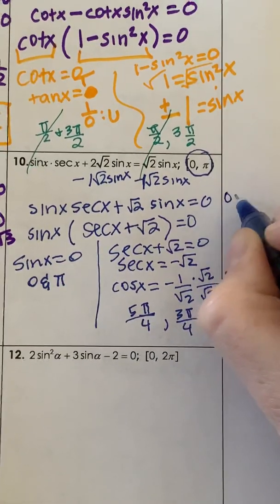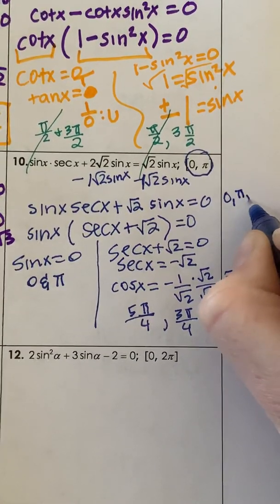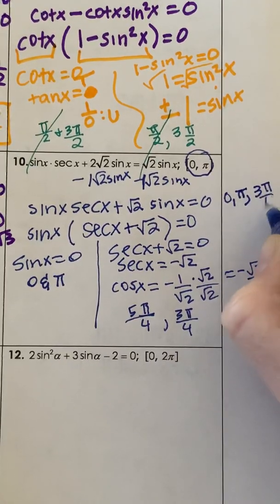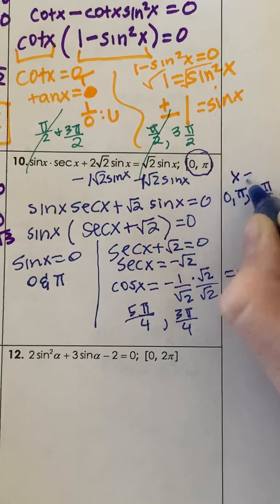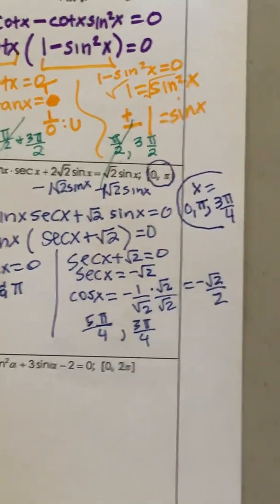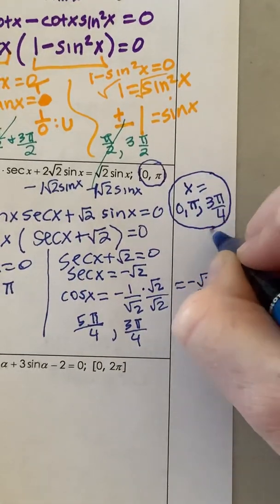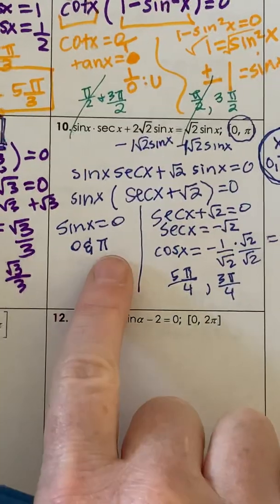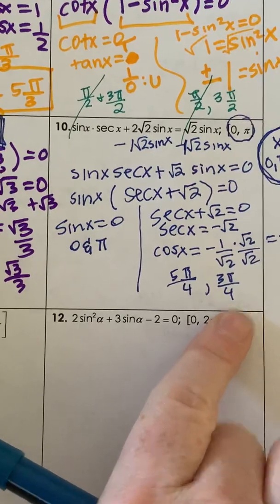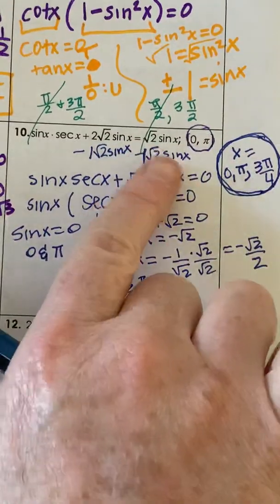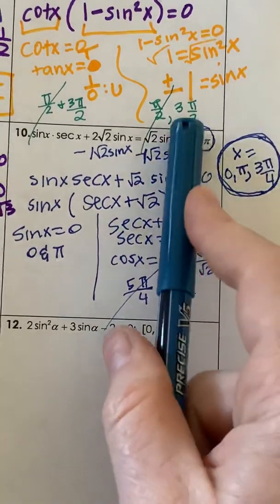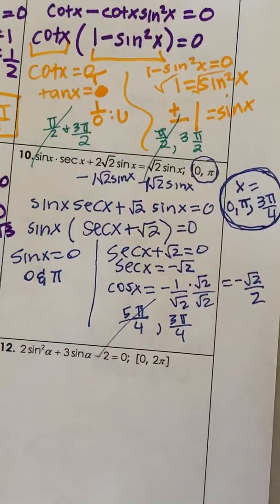So we're at 0, pi, 3 pi over 4. So that's all of my values for x. Or if you want to, you don't have to list all the possibilities and then think about it. You could just say, I'm not even going to write that one down because it's not even in the interval. So you can skip that step if you want.